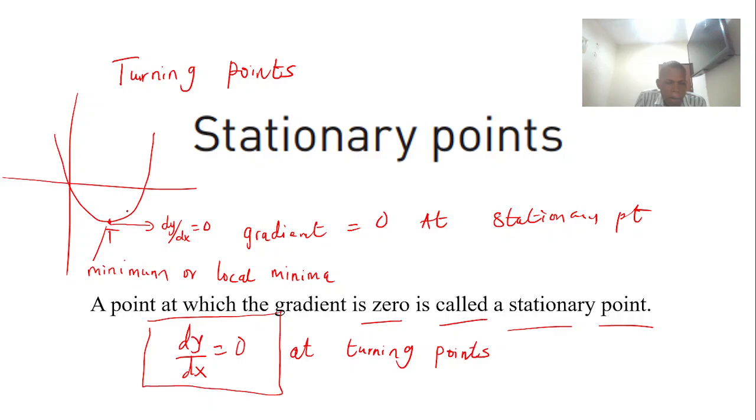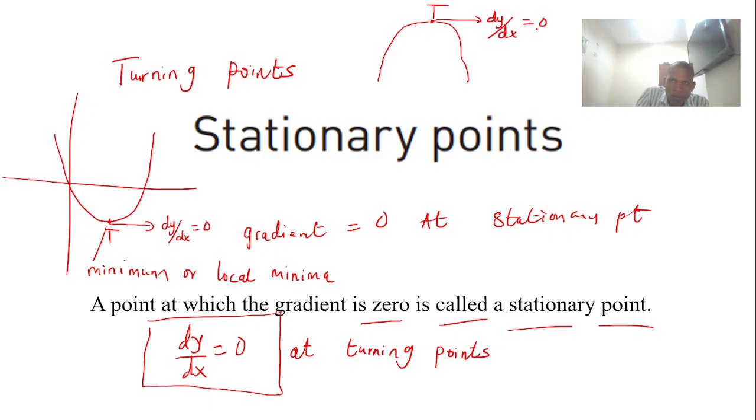Now the same thing happens if I have a parabola like this. My turning point has to be here, right? The point where your parabola turns is called the turning point or stationary point. Call it point T. My gradient at that turning point must be equal to 0.